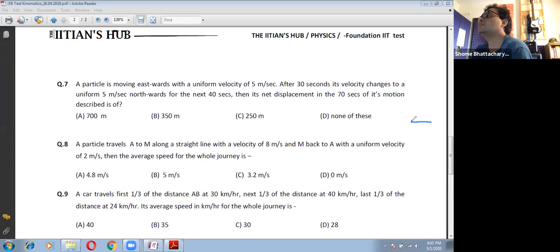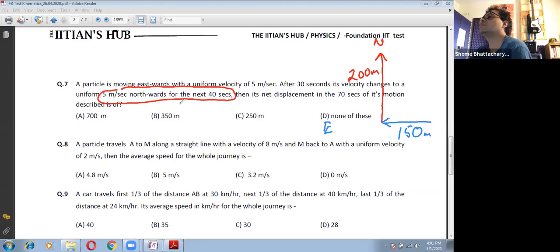He's going eastwards to a distance of 150 meters towards east. And then he changes direction and he goes northwards. He goes towards north, but to a displacement of 200 meters, because he's going at 5 meters per second for 40 seconds. That's 200 meters.